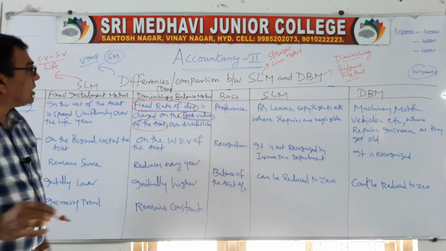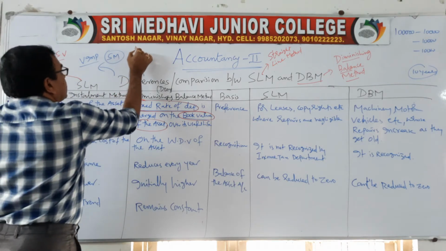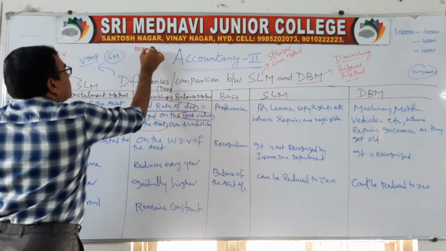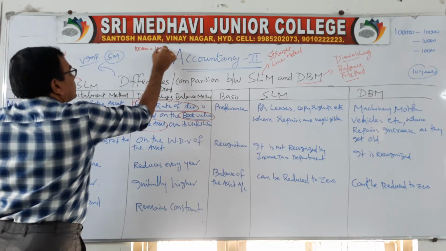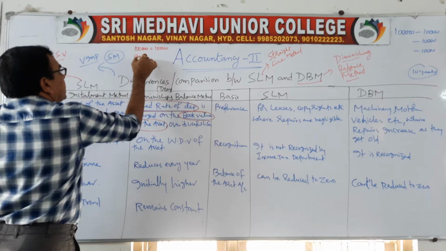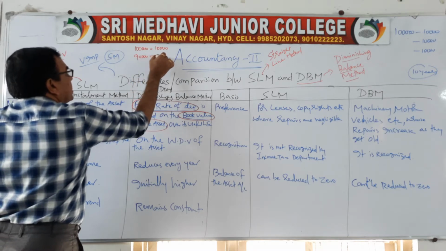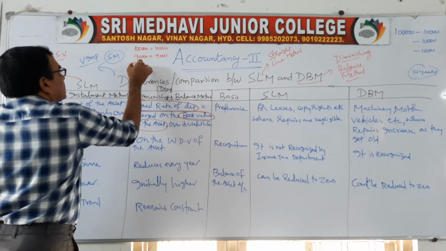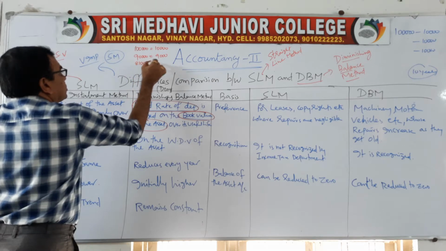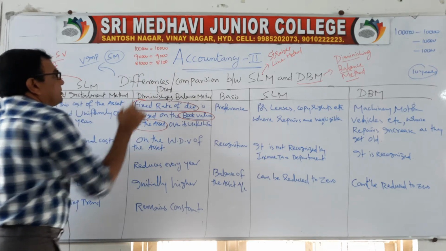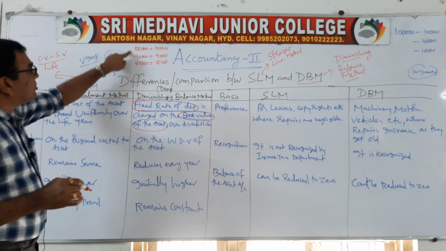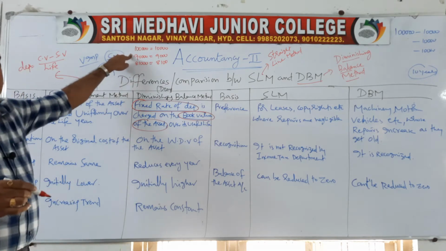Like we have discussed earlier, in first year if the book value is 1 lakh, depreciation is 10,000. Next year book value becomes 90,000, so depreciation becomes 9,000. Next year it will become 8,100. This is called book value or written down value.